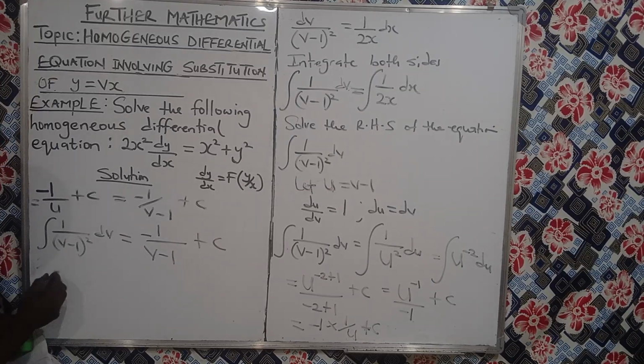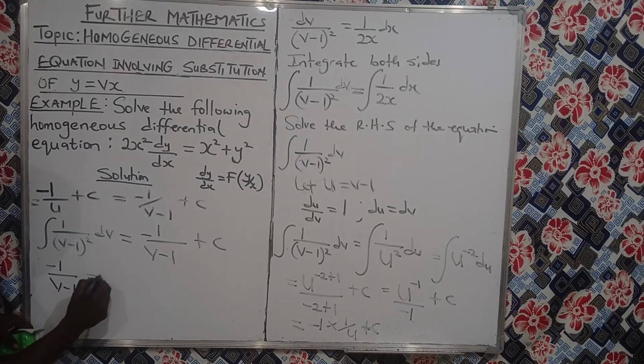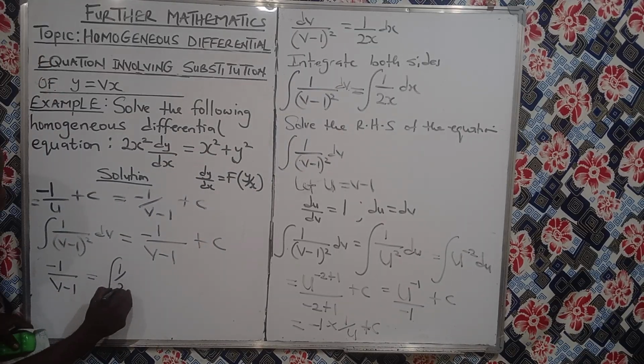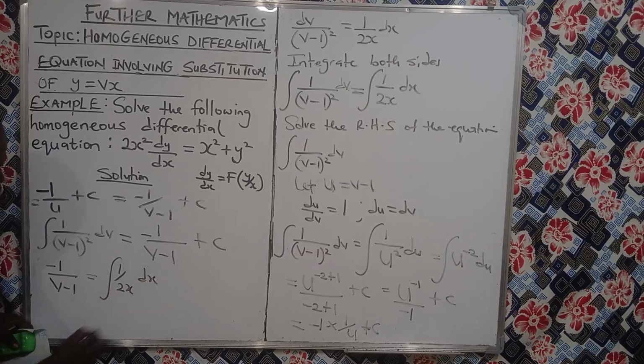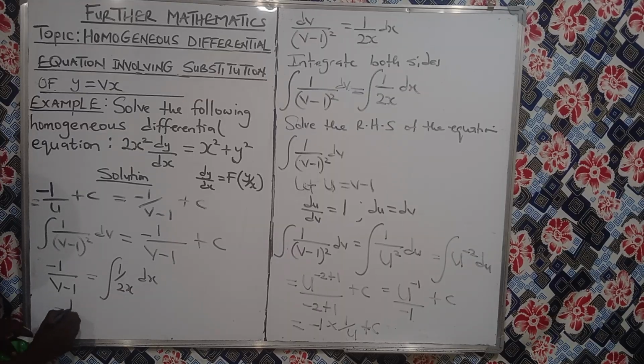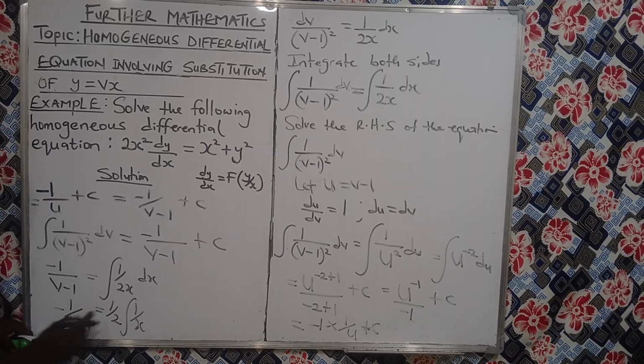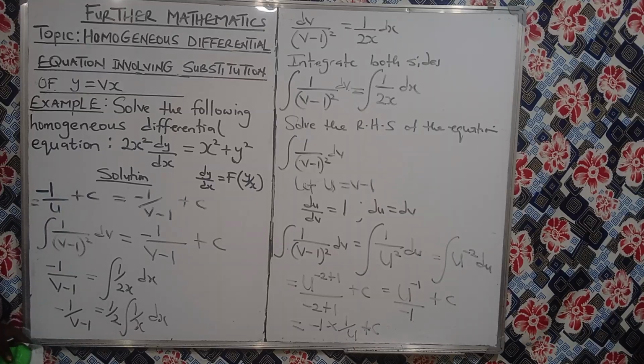Minus 1 over v minus 1 equals the integral of 1 over 2x dx. Now bring 1 over 2 out as a constant. Minus 1 over v minus 1 equals 1 over 2 times the integral of 1 over x dx.